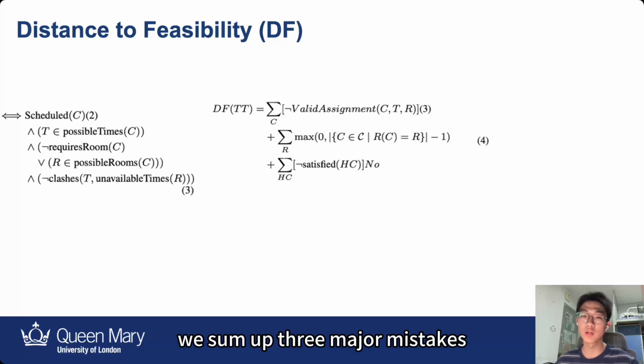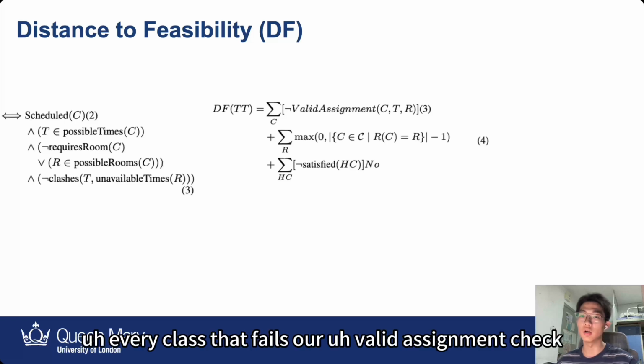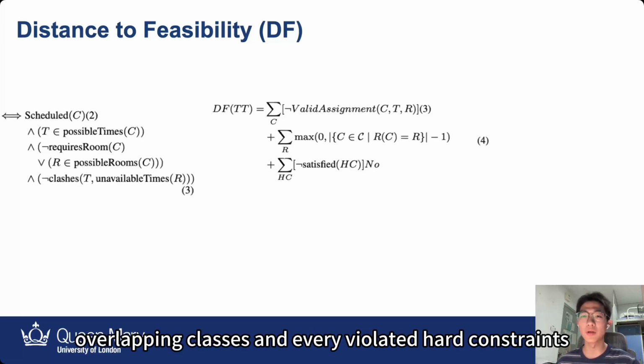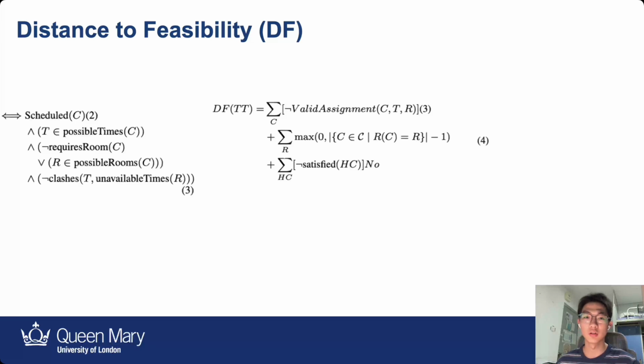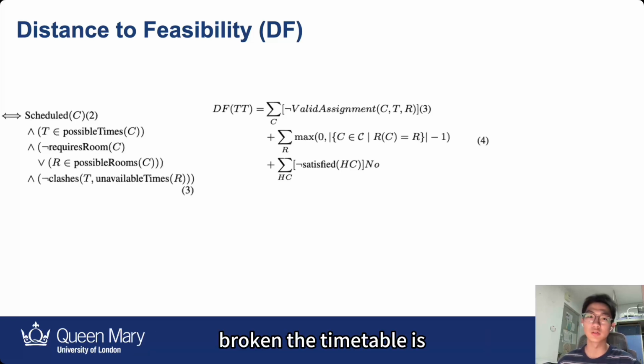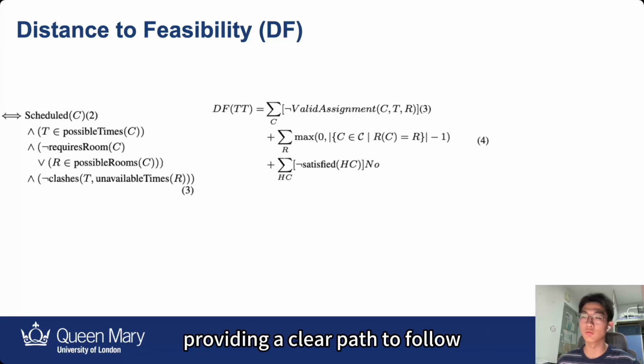We sum up three major mistakes: every class that fails our valid assignment check, every rule that suffers from overlapping classes, and every violated hard constraint. By summing this up, the DF metric tells the algorithm exactly how broken the timetable is, providing a clear path to follow.